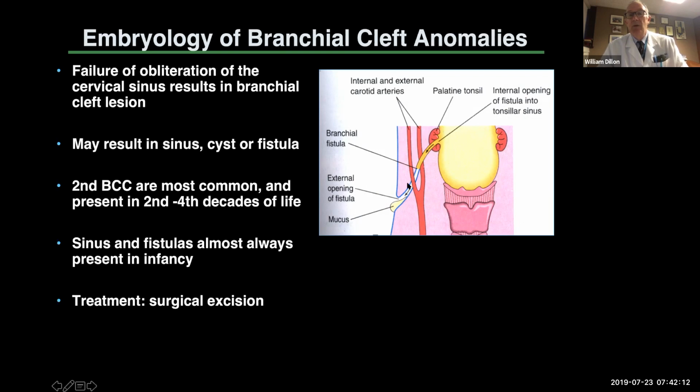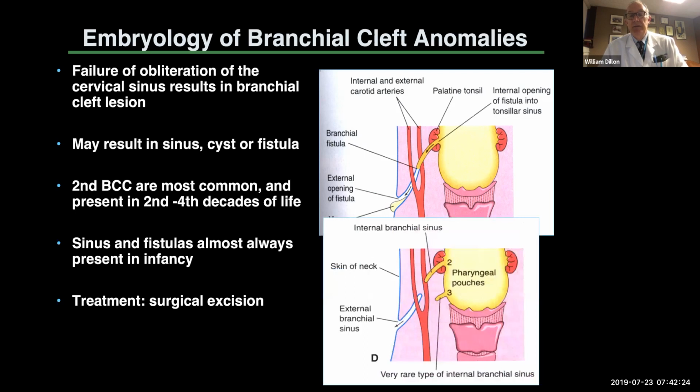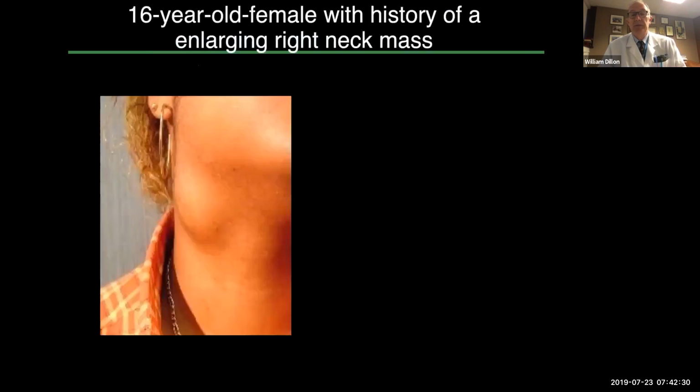And anywhere along this tract, one can have a cyst, or one can just have a small fistula out to the opening, or a sinus tract as well into the tonsillar sinus. So these things can arise in different locations as well. You can have a third or a fourth branchial cleft cyst as well.